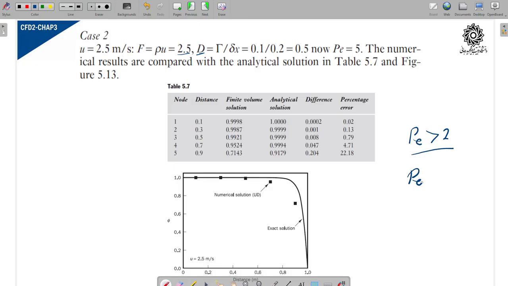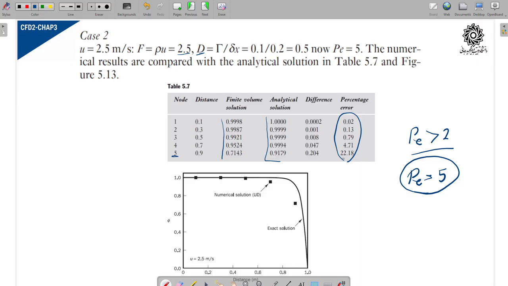Using the central scheme for this case, the result is non-physical. For nodes 1 to 5, this is the finite volume result, this is the analytical result, and this is the percentage error.